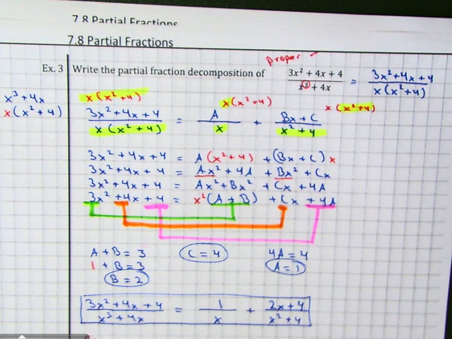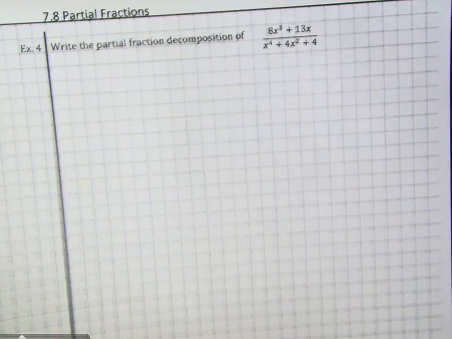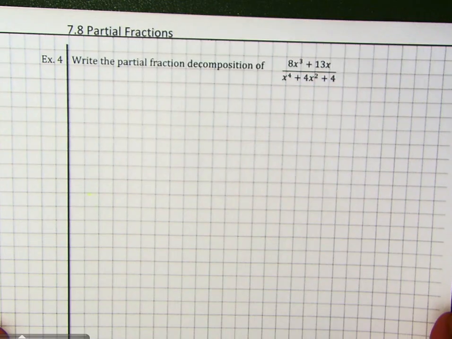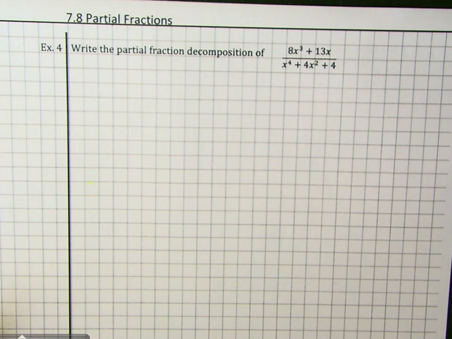Example number 4. We can copy it down, and then we can start once you're ready. Pause if you need more time.